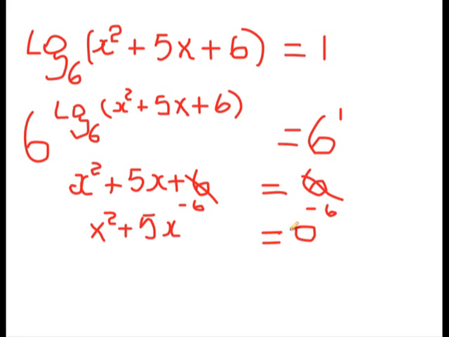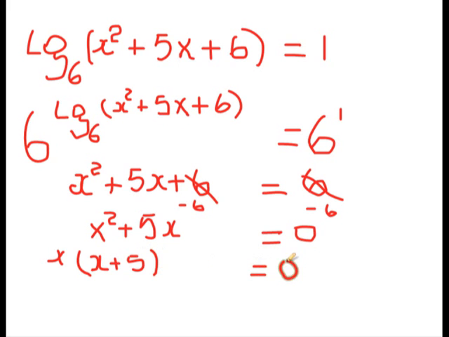Now I'm gonna write this like a factor. x factor of x plus 5 equals 0. So I have two values here.